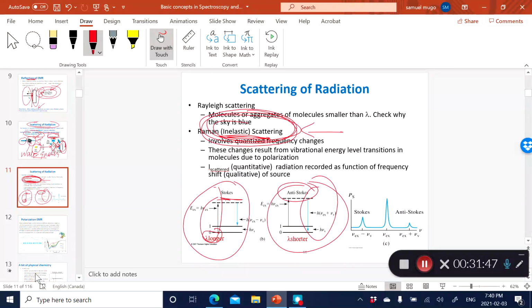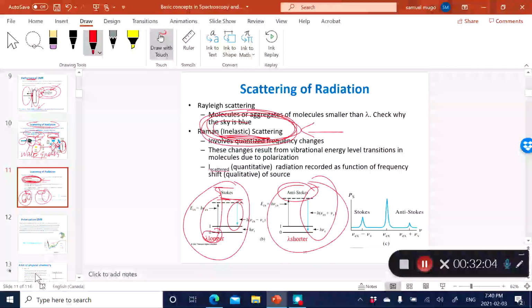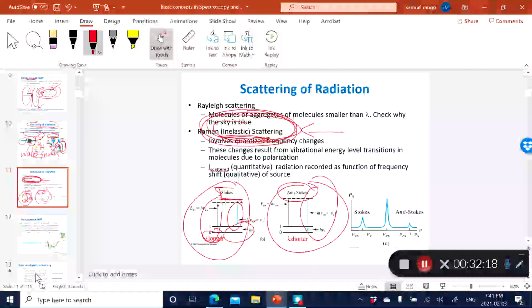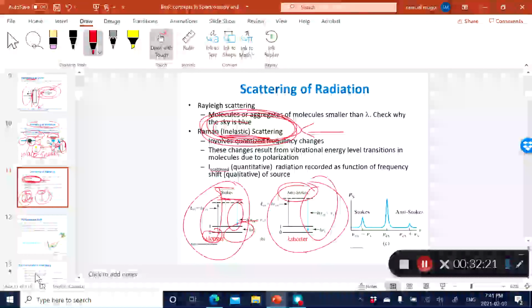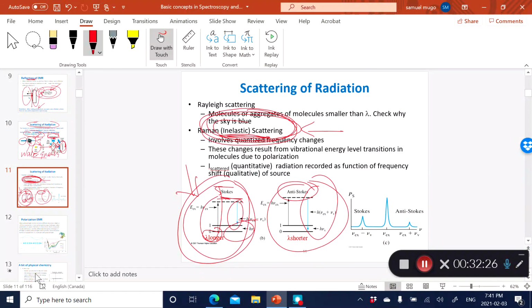And then you lose some of the energy due to radiationless relaxation, and then the electrons transition from the higher energy level to probably the excited vibrational state of the ground electronic state. And so, again, you've lost a little bit of energy because it's landing in a higher vibrational level of the ground electronic state. And so this one is the more likely event to happen in most cases.